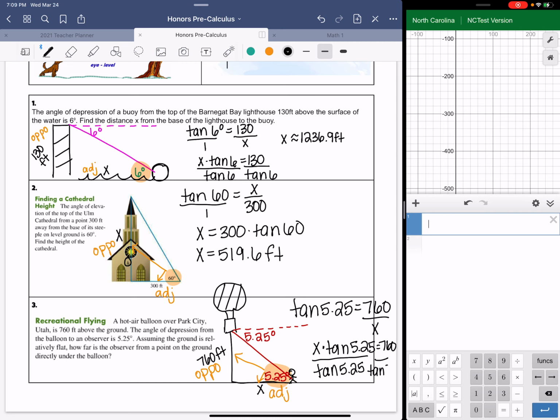I'm trying to get it all on that page because I'm writing kind of big here. All right, so 760 divided by the tangent of 5.25. And so I got that the horizontal distance x is approximately 8,271.0 feet.